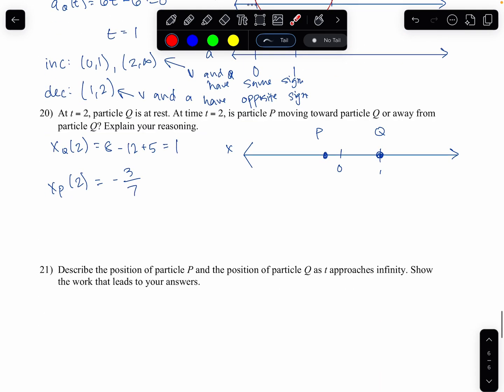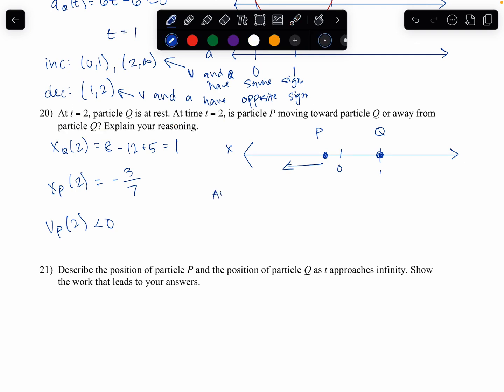So Vp of 2 is less than 0, which means this particle is moving left, and so we are moving away from particle Q, because P is left of Q and moving left. There you go.